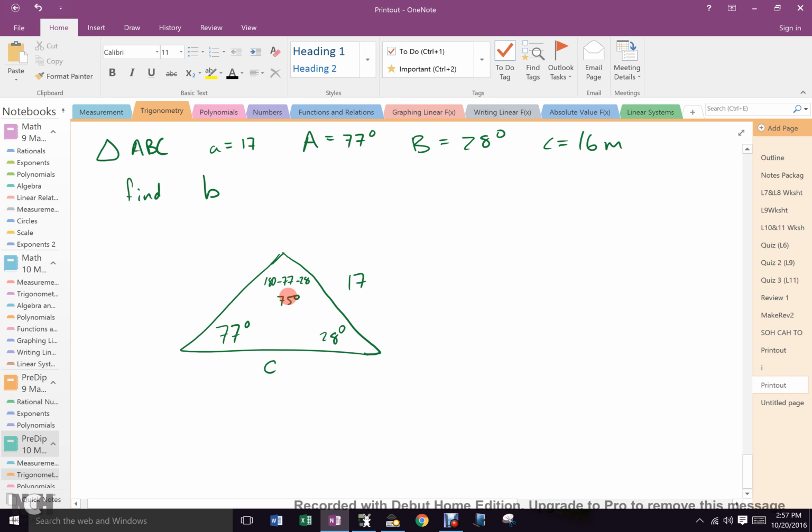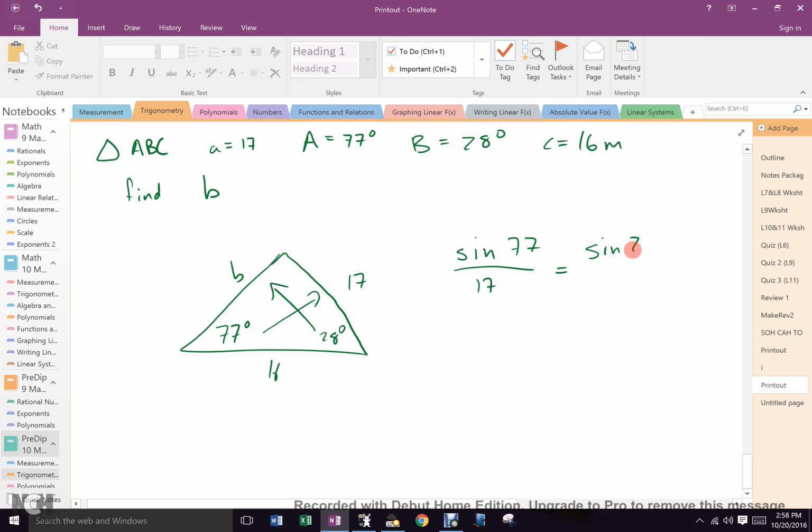Except why did I do that? Because I totally didn't need it. This is little b. And I need little b because c is 16. I've got the pair. I just got a sine law. I got so used to doing cos law, I thought I needed that. Sine of 77 over 17 equals sine 28 over little b.